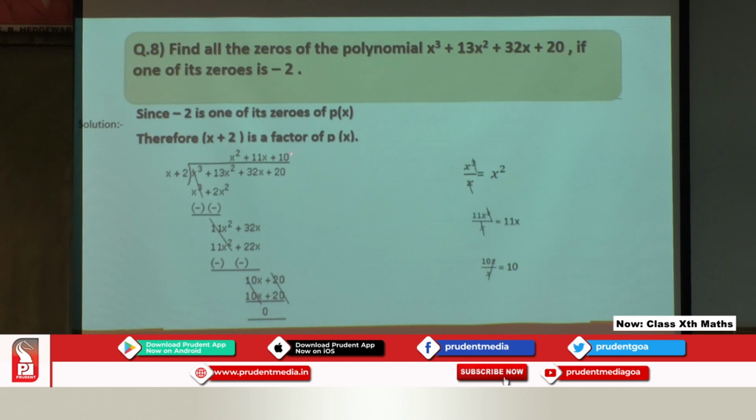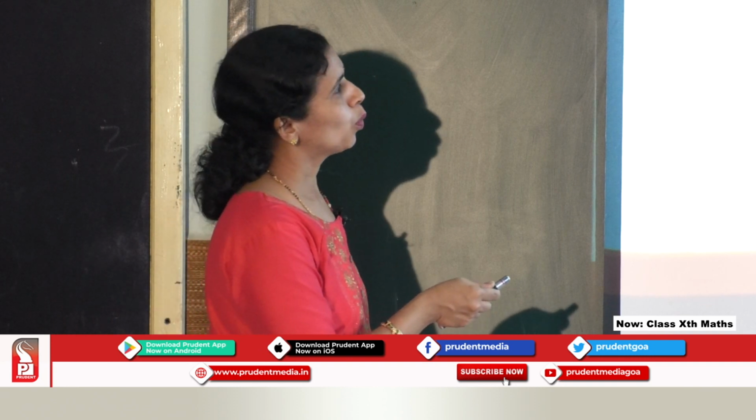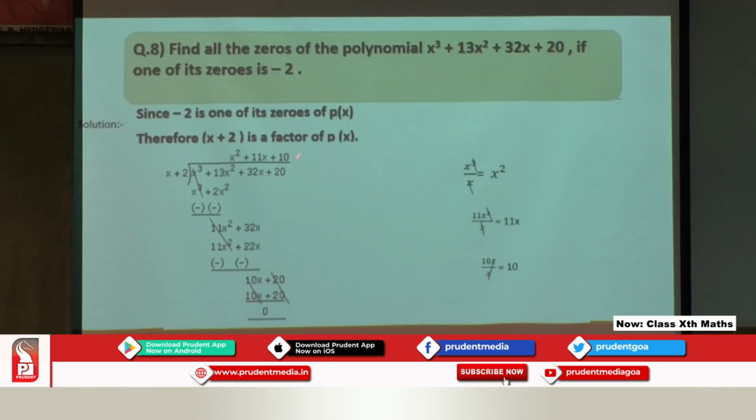So again we should multiply this 10 into the entire divisor. So plus into plus, plus 10 into x, 10x, plus into plus, plus 10 twos are 20. After changing the sign, plus 10x and minus 10x cancelled, and here also plus and minus will cancel.